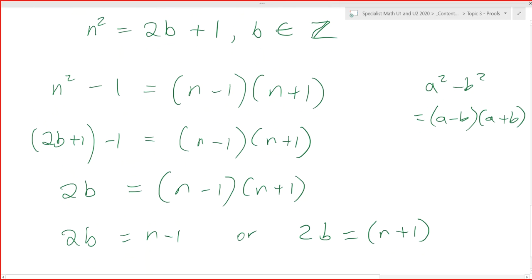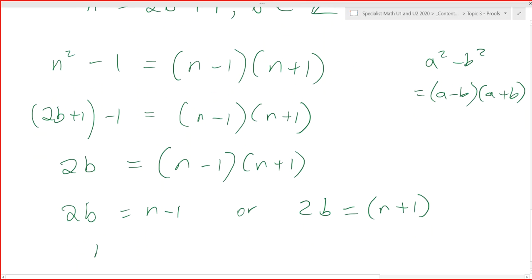Either way, if you rearrange this, n equals 2b plus 1, or n equals 2b minus 1, either way, that's going to give you an odd number for n. So I wanted to eliminate this plus 1. That's why I minus the 1.